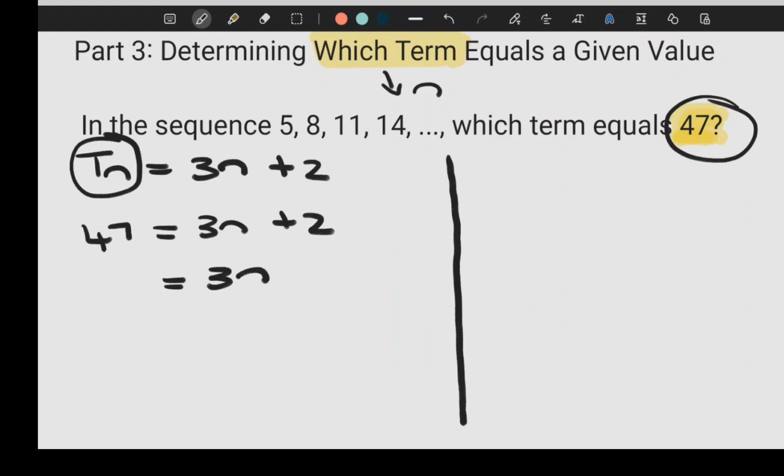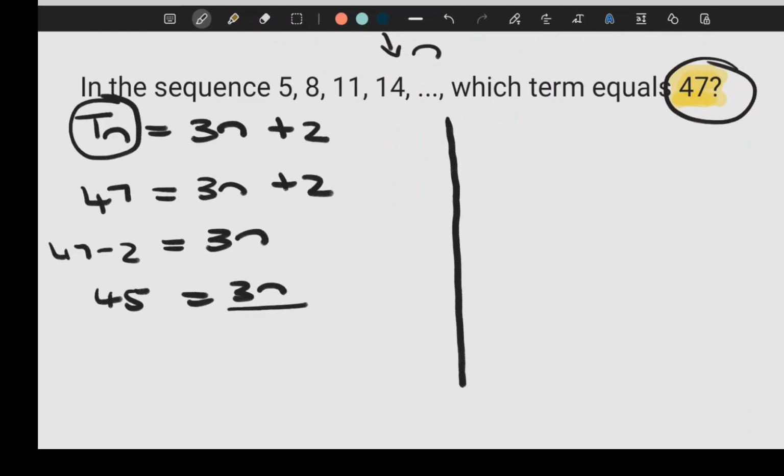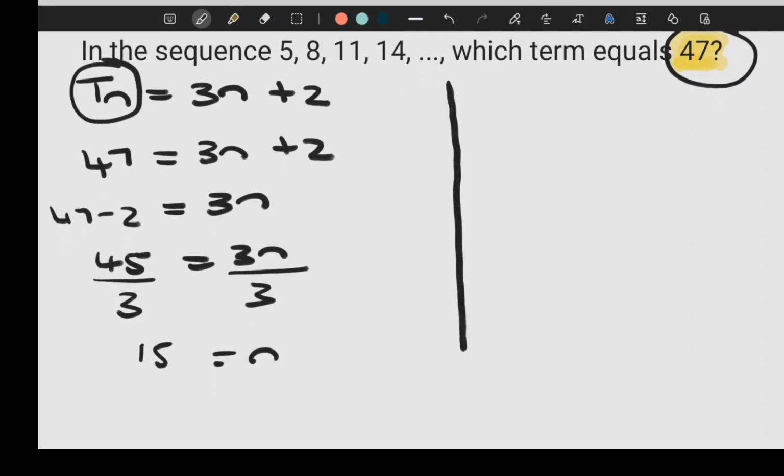So 3n stays there. 47 minus 2. This becomes 45. To get n by itself, you divide by the number in front of n. So divide by 3 on both sides. I get n to be 15. So how do I answer the question? I will say T15 is equal to 47.